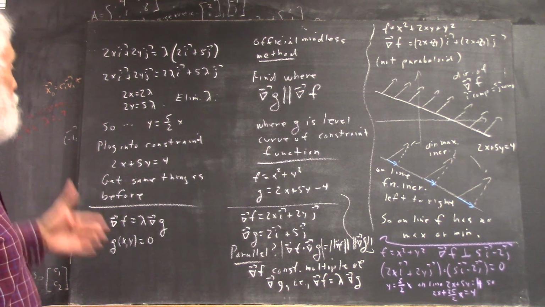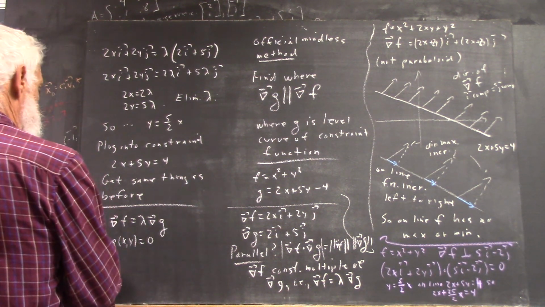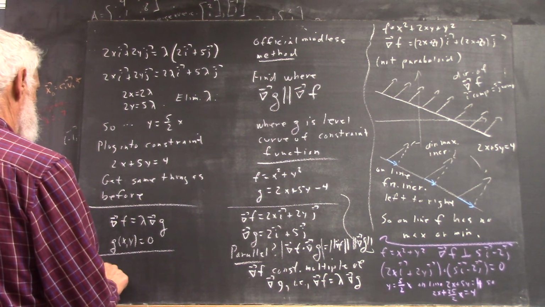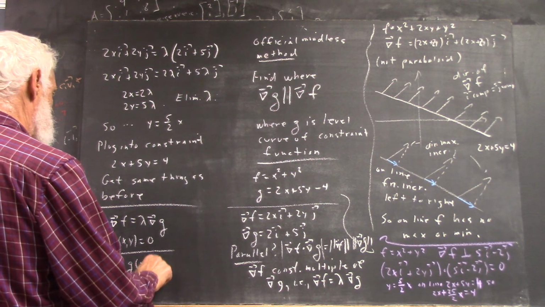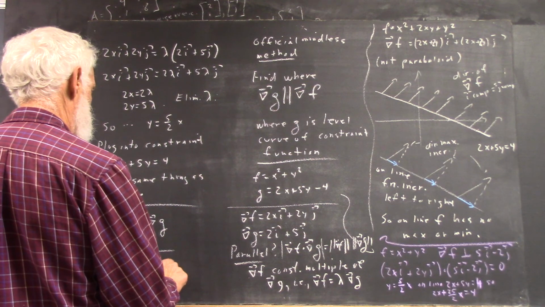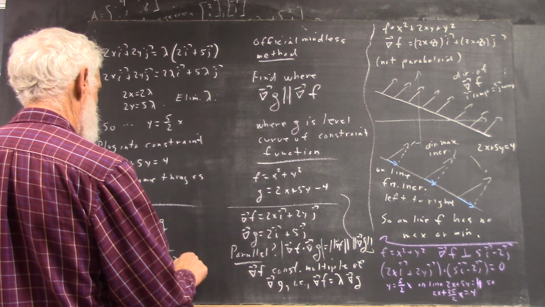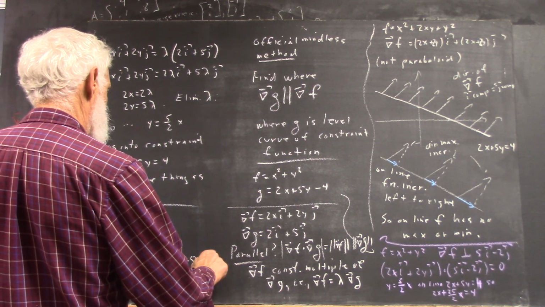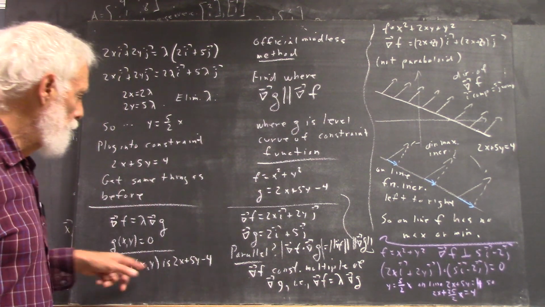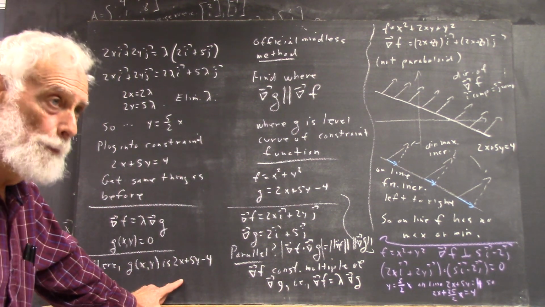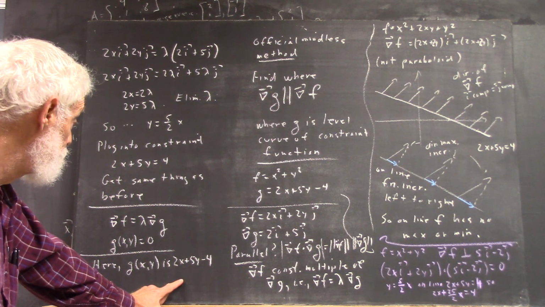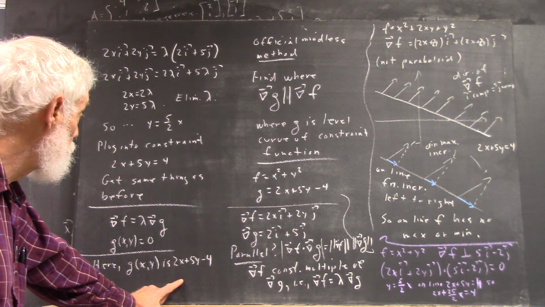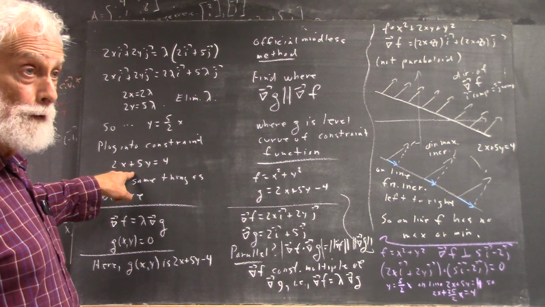For this function, g of xy is 2x plus 5y minus 4, right? Because our constraint, where did I write it down? Here's our constraint, right?